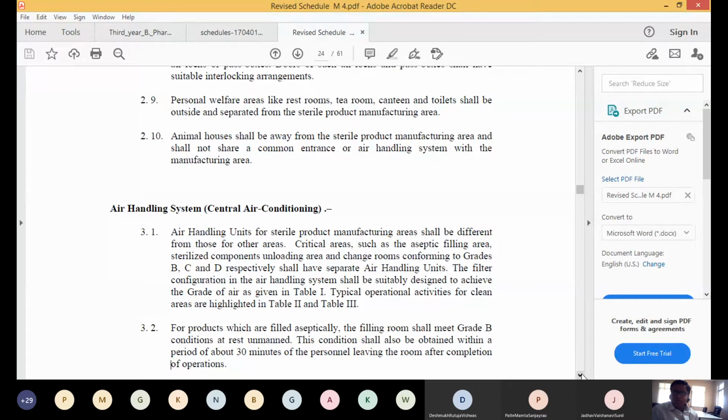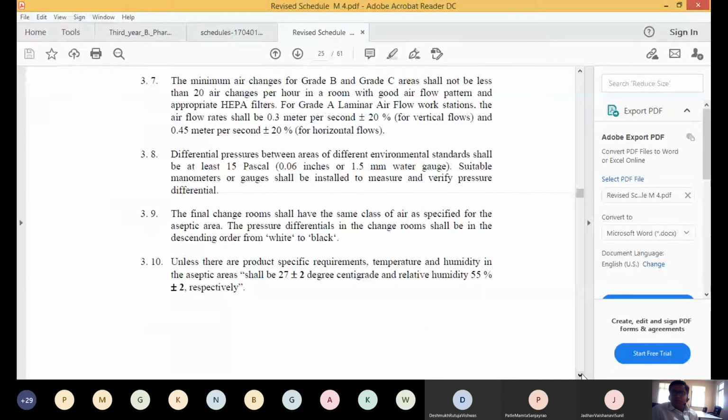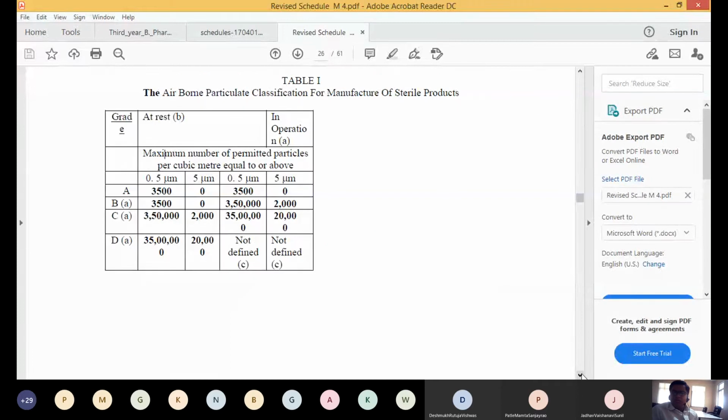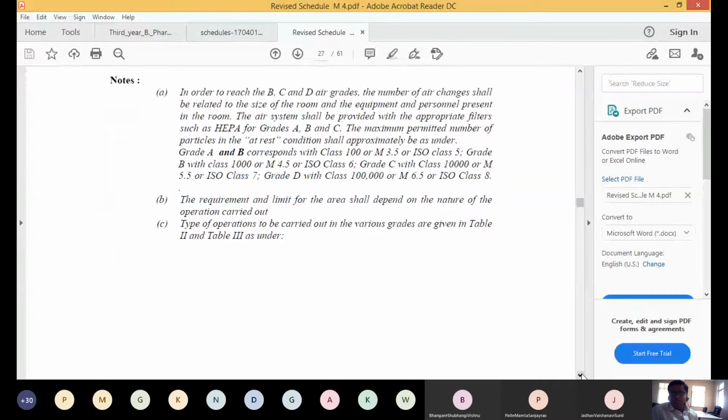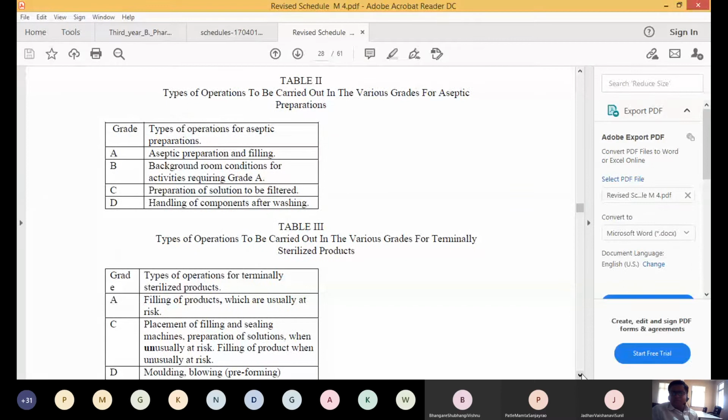So there, how to work in an aseptic area, a proper air handling system should be there. Then some airborne particulate classification for manufacture of sterile products. Some values are given, and those values should be followed.